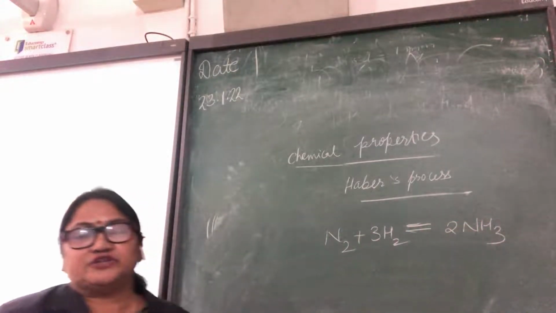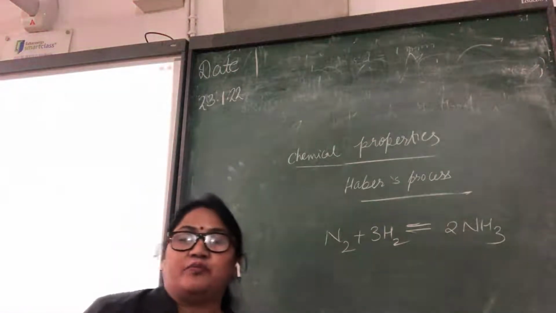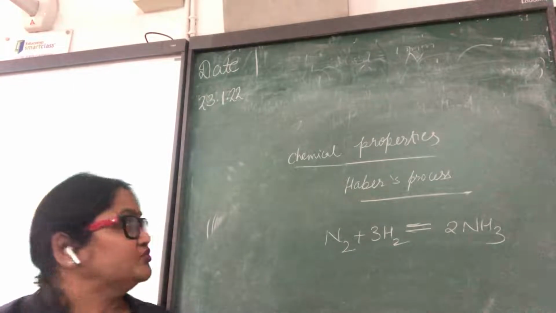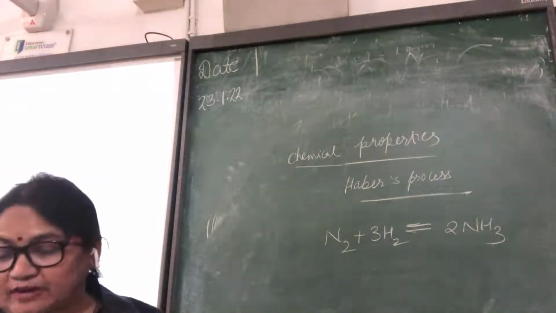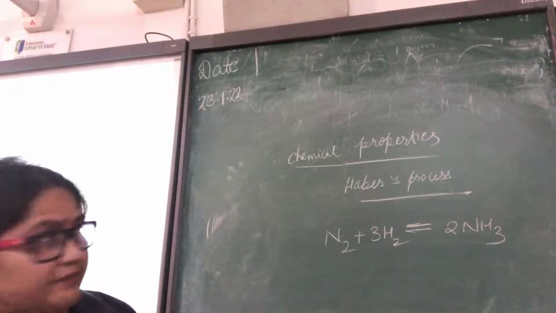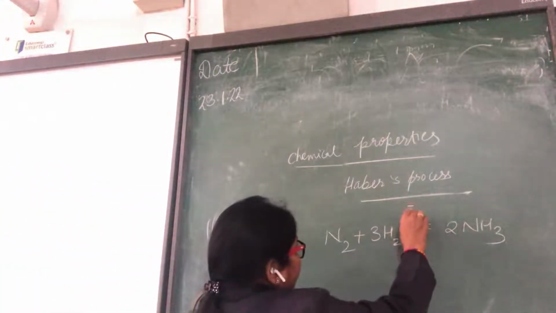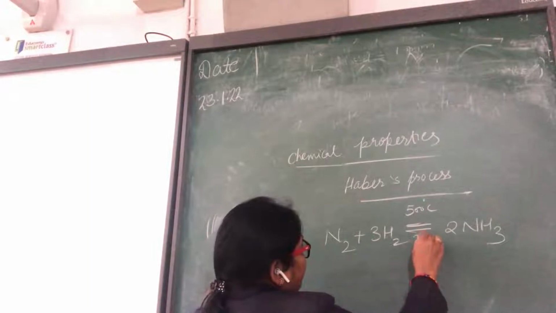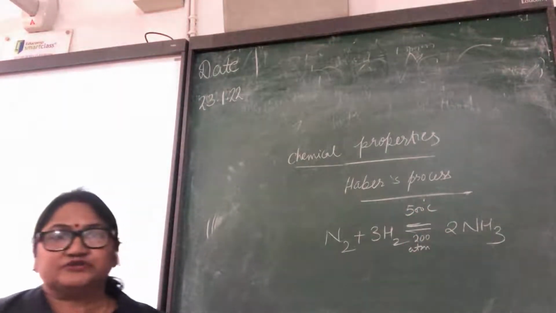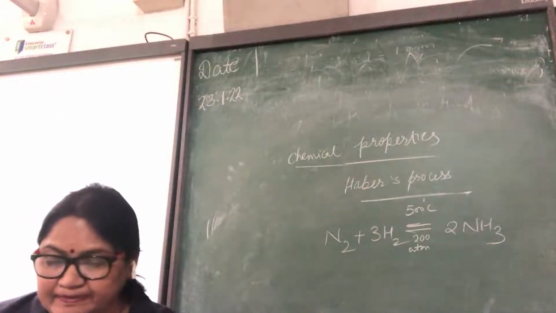So this method we generally use when we want to produce ammonia on a large scale. In this, nitrogen is combining with hydrogen and forming ammonia. Some conditions are there for this: 500 degrees Celsius and 200 atmospheric pressure should be there for producing the ammonia gas.